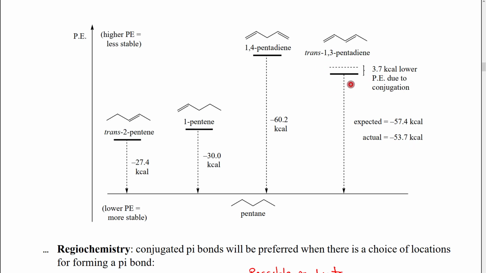We then have concluded that this 3.7 kilocalorie difference, more or less, is caused by the fact that those double bonds are conjugated to each other. It's an additional stability, an additional reduction in potential energy caused by conjugation. We see this effect in many circumstances, in many different ways, when we look at conjugated molecules.